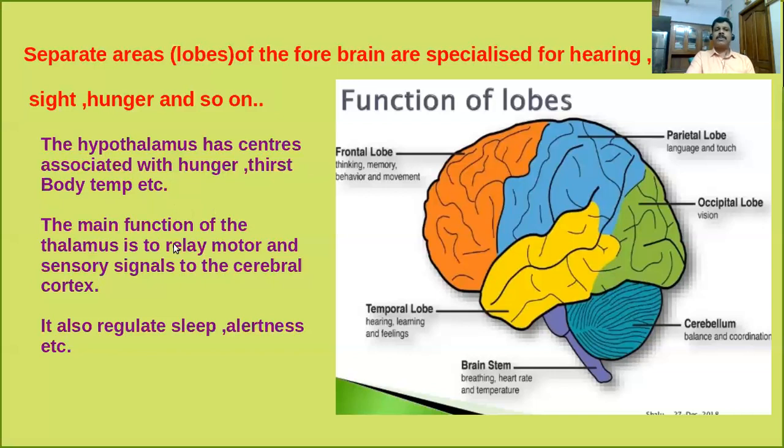The main function of thalamus is to relay the motor and sensory signals to the cerebrum or to the cerebral cortex. It also regulates the sleeping process, alertness, etc. This is something about the characteristic features of the forebrain.